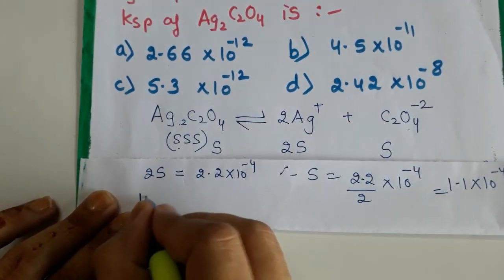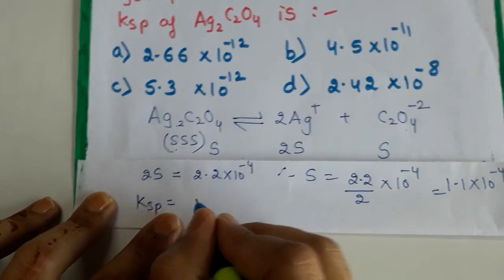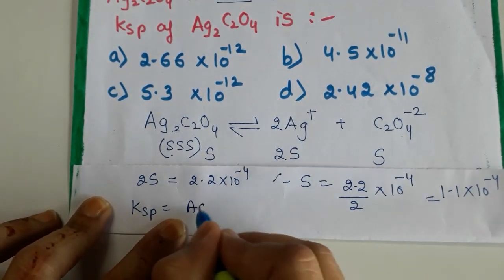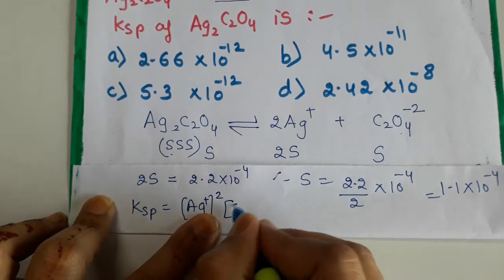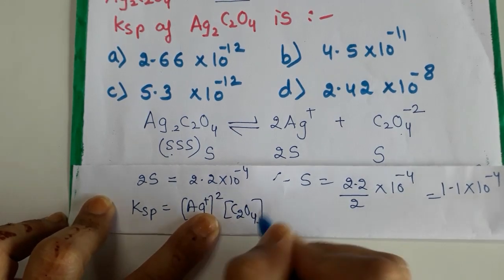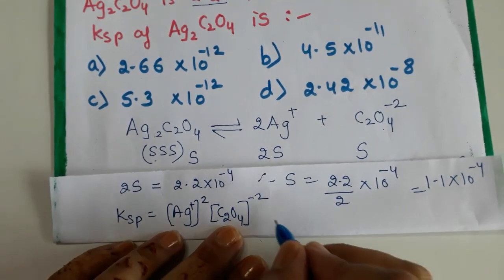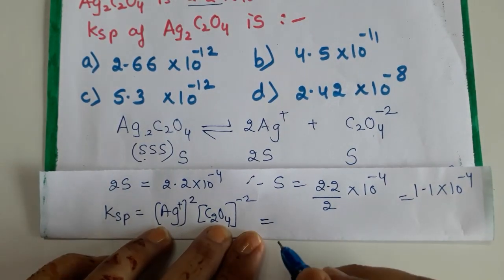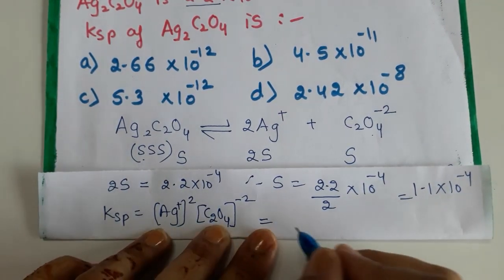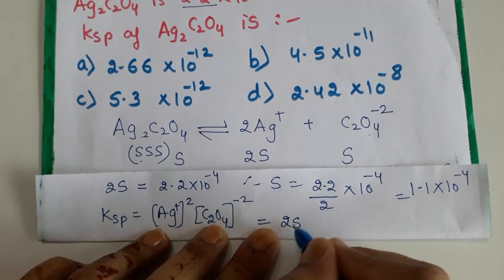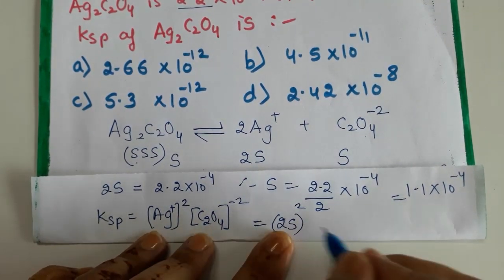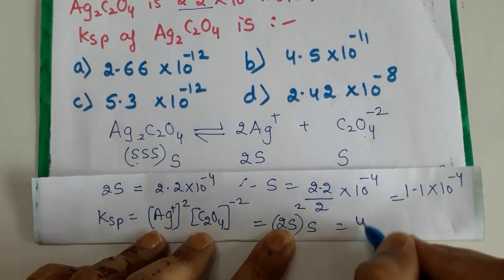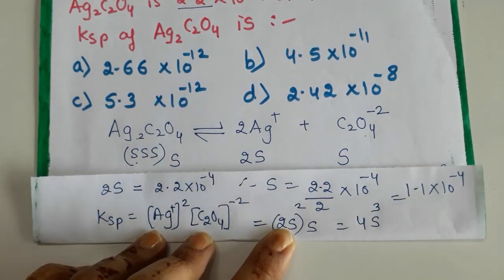Now, Ksp is equal to concentration of Ag plus the whole square and concentration of C2O4 minus 2. I will just substitute the values now. Okay, Ag plus is 2S the whole square and C2O4 minus 2 is S. So I will get 4S cube.